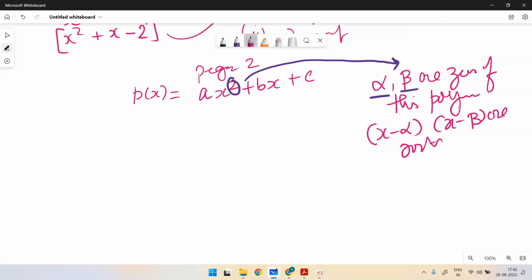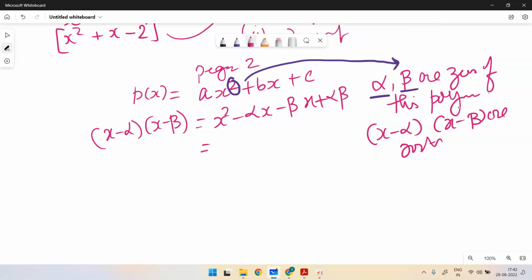From here, if you multiply x minus alpha into x minus beta, you will get x square minus alpha x minus beta x plus alpha beta, equals x square minus alpha plus beta times x plus alpha beta.